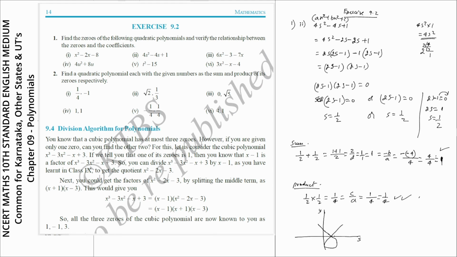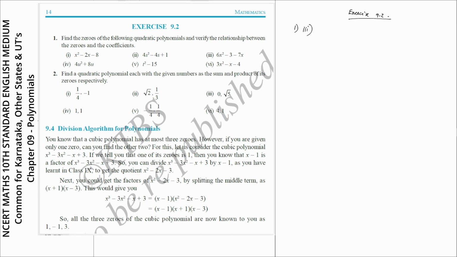The curve is intersecting the s axis 2 times, or it may intersect this way also, or it may be intersecting this way also 2 times at this point. This point is 1 by 2. At point 1 by 2 the curve is passing through the s axis. So in place of x axis we have taken s.